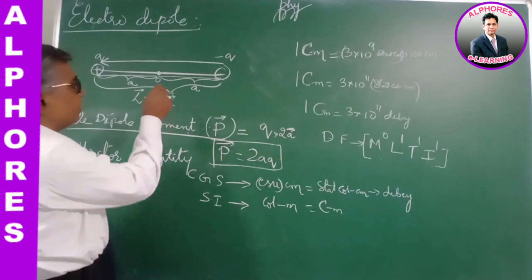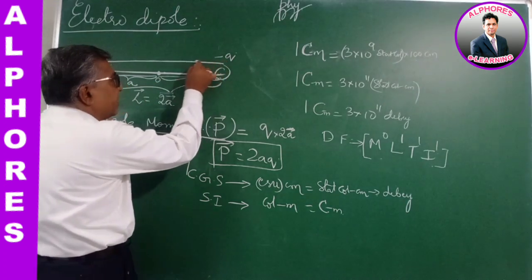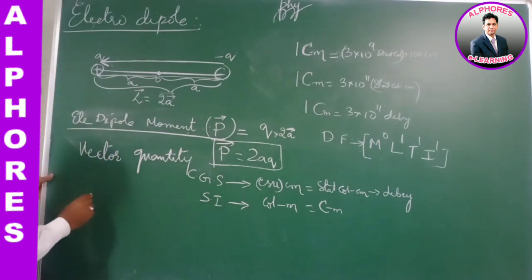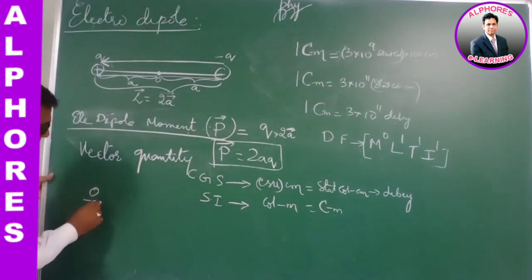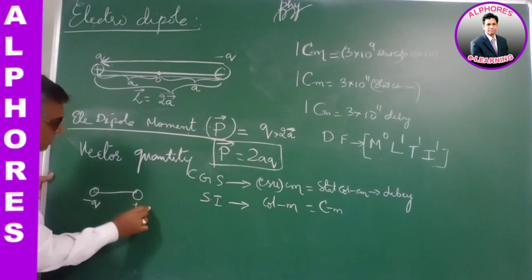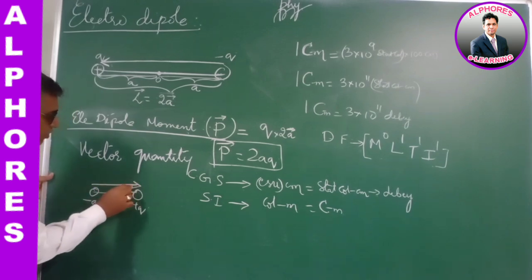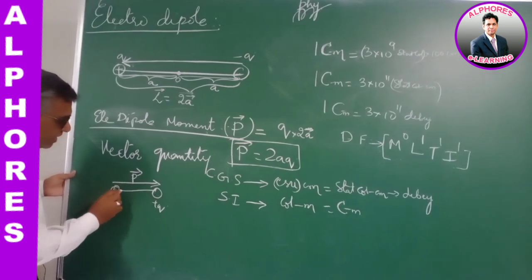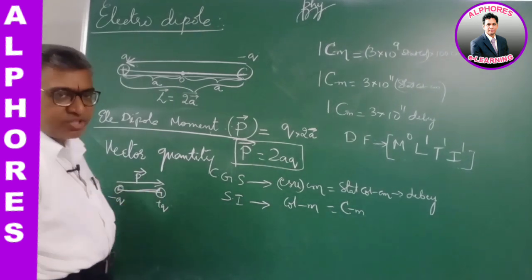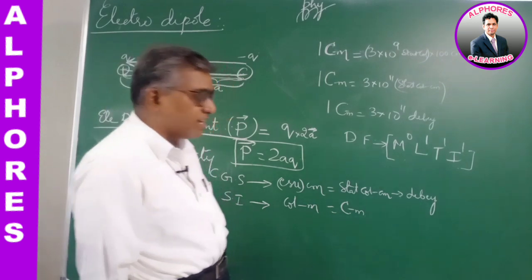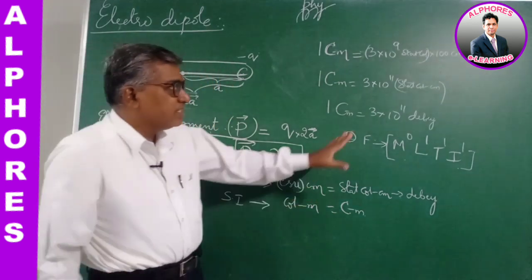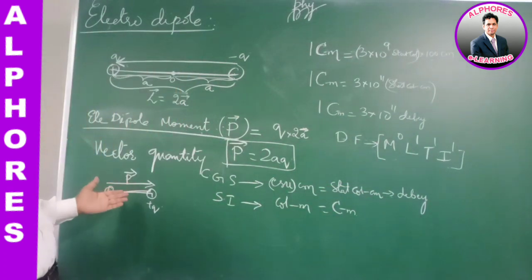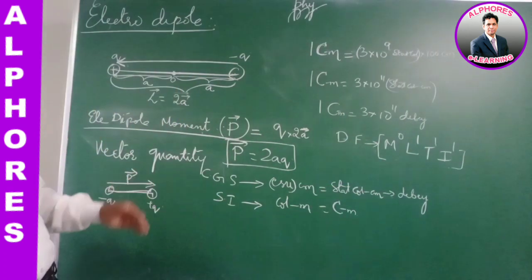The length of the dipole is from minus Q to plus Q, so the direction of the dipole moment is from minus Q to plus Q along the line joining them. So these are the units, the conversion, the dimensional formula, and it being a vector quantity with direction like this.